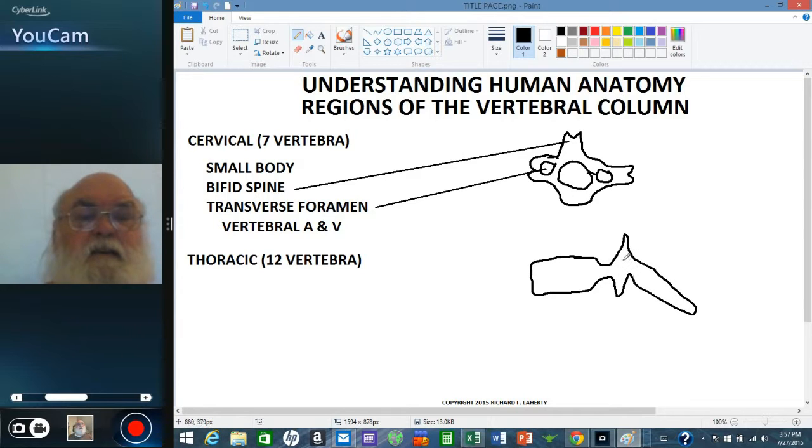And we'll draw a transverse process in like so.